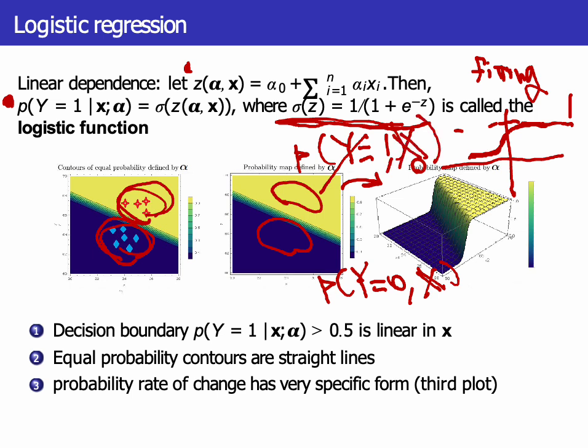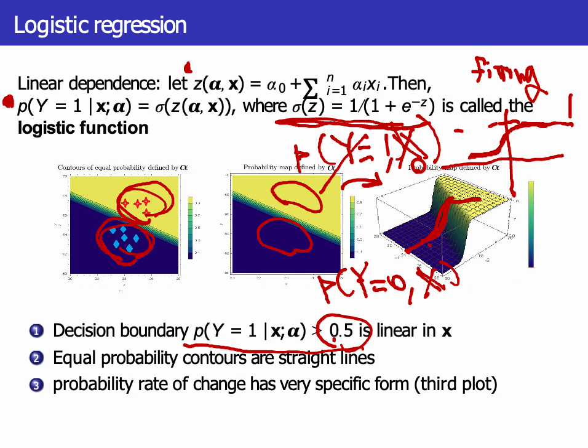So the decision boundary is p larger than 0.5, and this is almost linear in this slope.